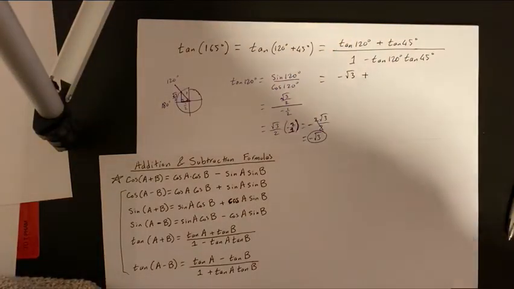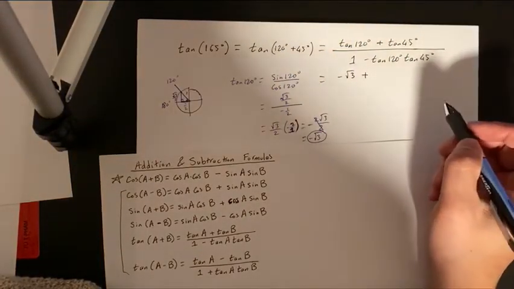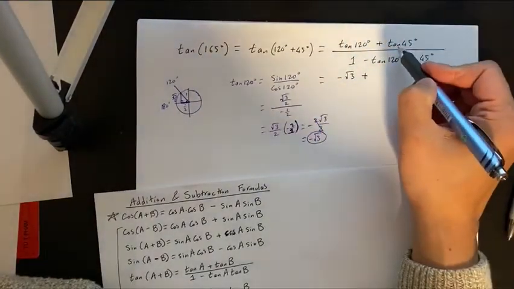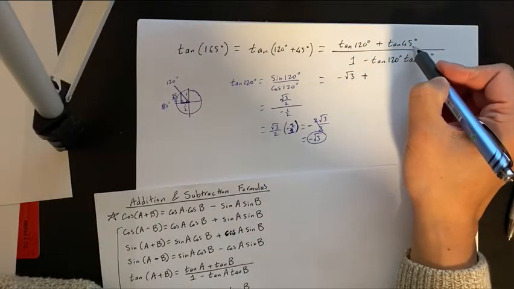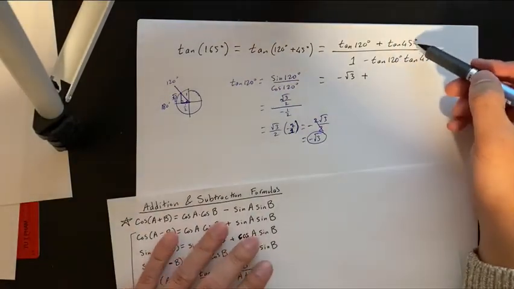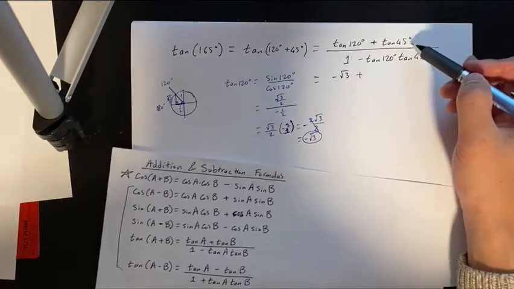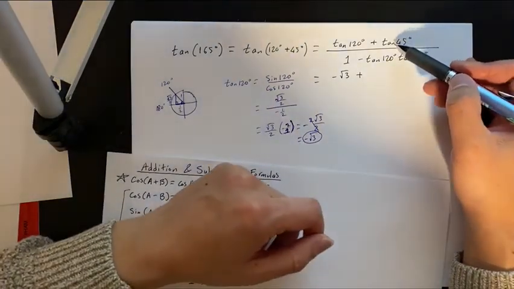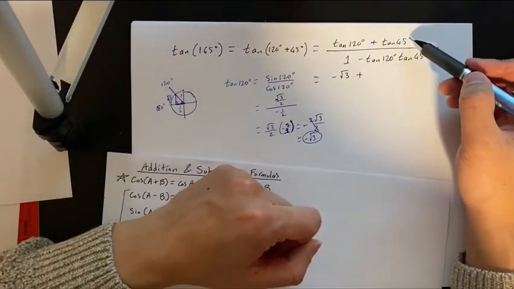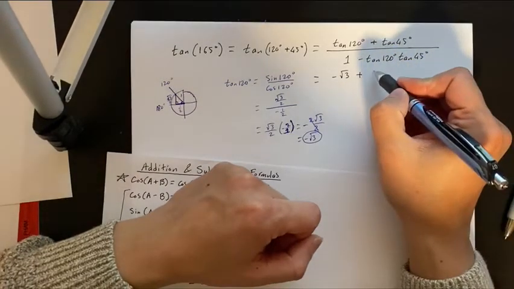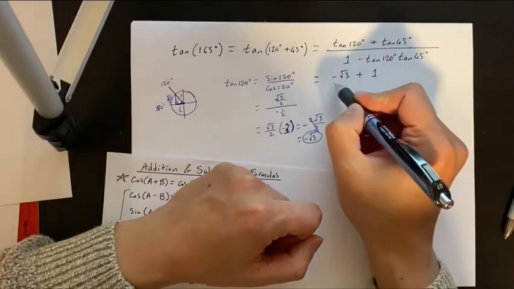Plus, and that is going to be a tangent 45. This one's pretty easy because tangent 45 is sine of 45 over cosine of 45. And at 45 degrees, sine and cosine are equal. So sine of 45 is the same thing as cosine of 45. So if you take something divided by the same thing, it's a 1.